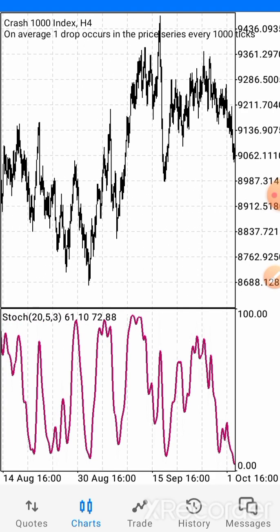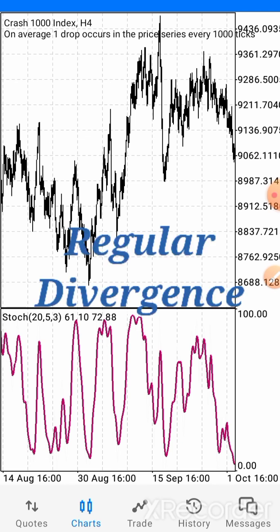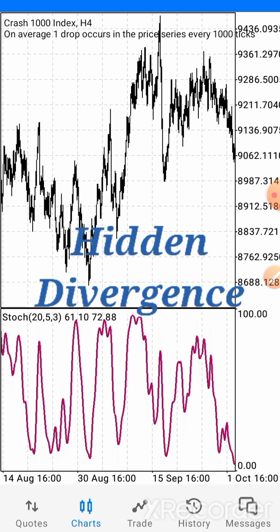And one thing you should know also is that we have two basic divergences in the market. Sorry guys, we have the regular divergence and we have the hidden divergence.